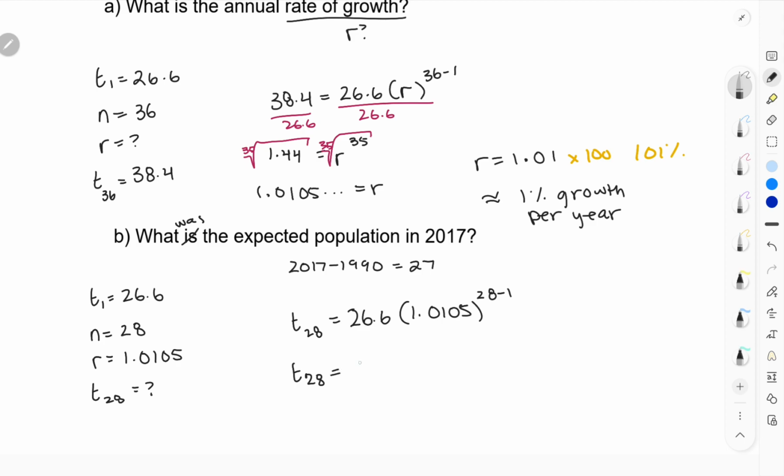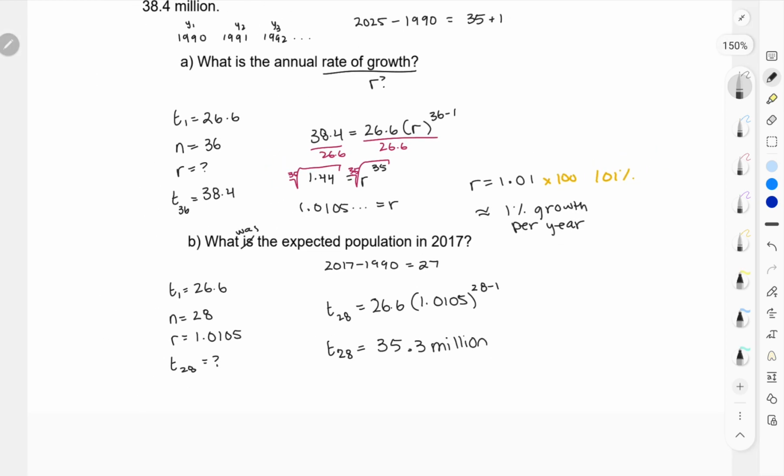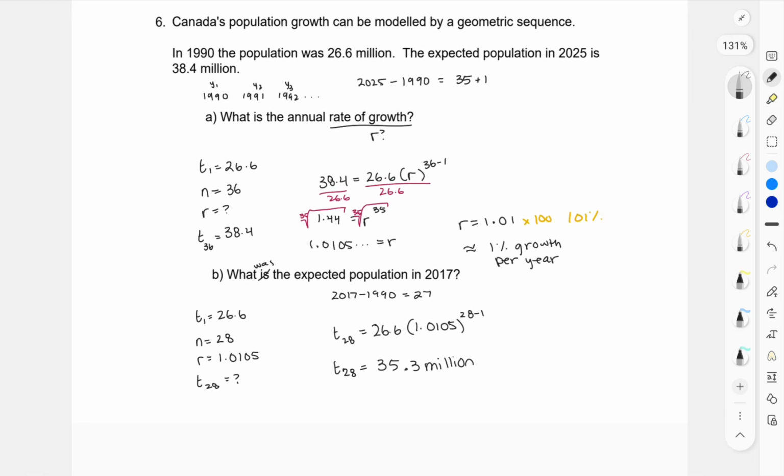And so if your number's a little different than mine, double check that you used the full string of digits. I get 35.3 million people. And so that is our population in 2017, or that was what they expected the population in 2017 to be. And so that's geometric sequences. We're going to start geometric series in the next lesson.